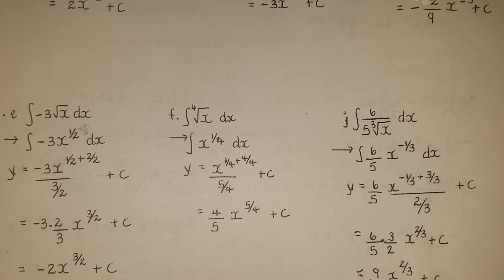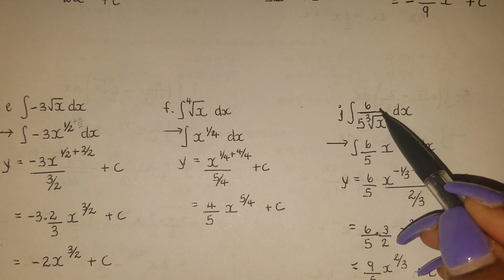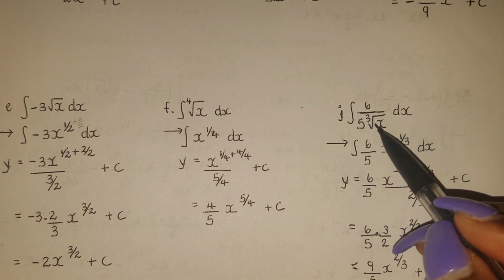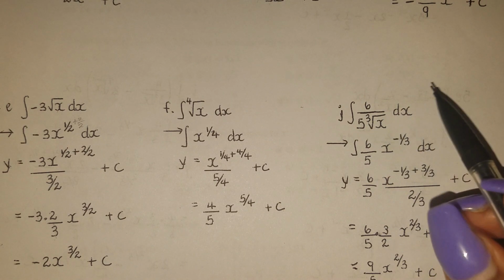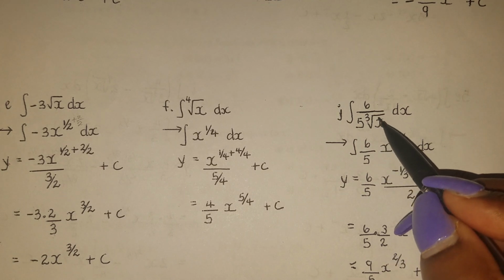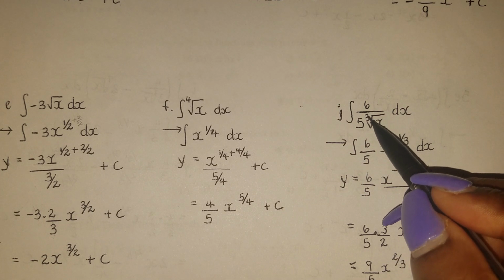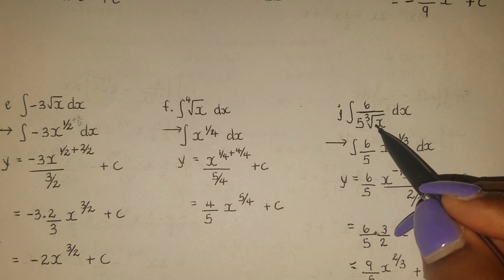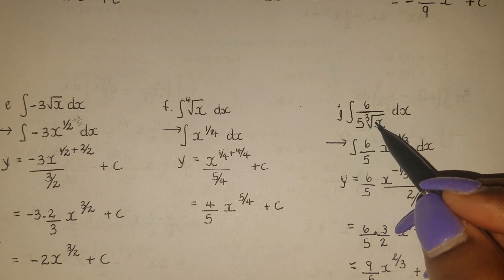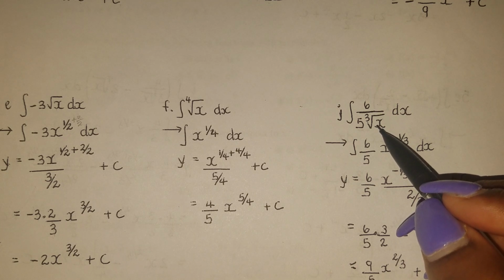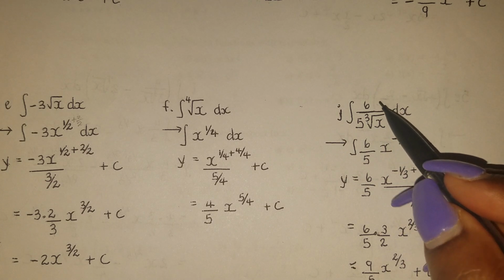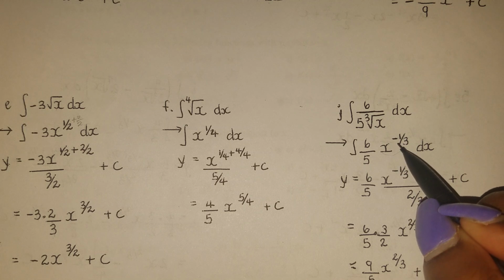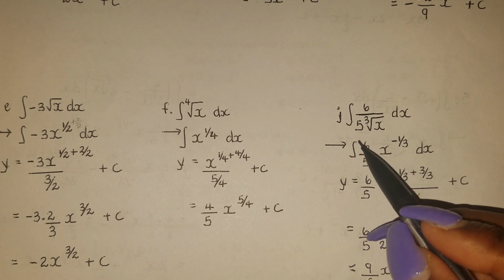In question J, we have 6 all over 5 times the cube root of x. Like we did before, we are only going to take up the variable. This cube root x is the same as x to the 1 over 3. So when it goes up, it becomes x raised to negative 1 over 3. Now we can integrate.